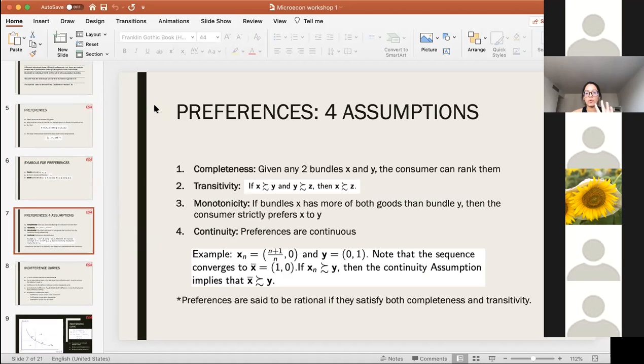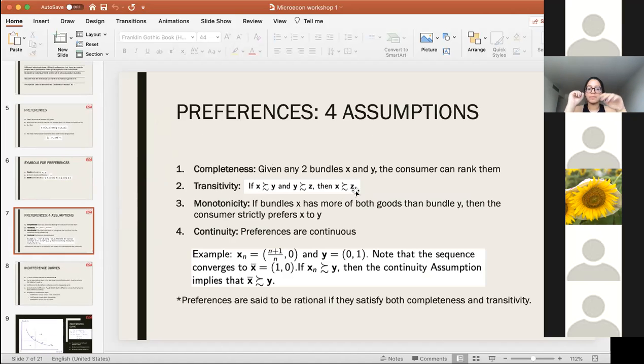These are the four assumptions that you have to know for preferences. The first one is completeness. Given any two bundles, X and Y, the consumer can rank them, which is basically the essence of preferences. Then transitivity, which is a ranking type of thing.